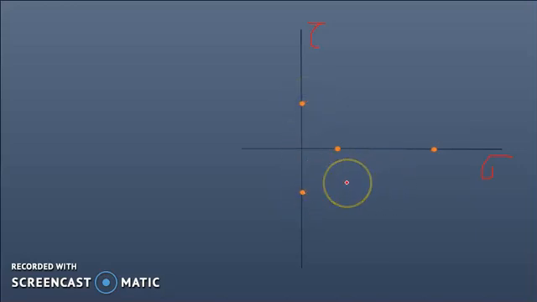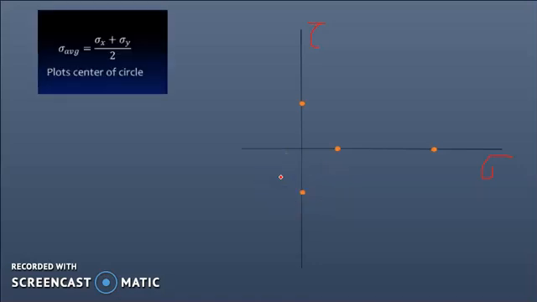Then we have to find the center point of this. For finding the center point, we have to find the average of sigma x plus sigma y by 2, so that we substitute here.